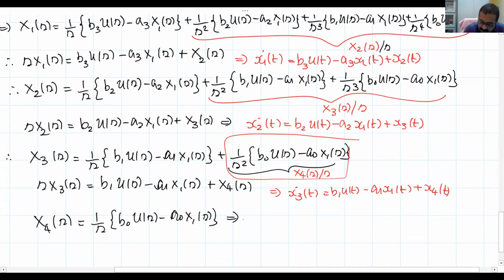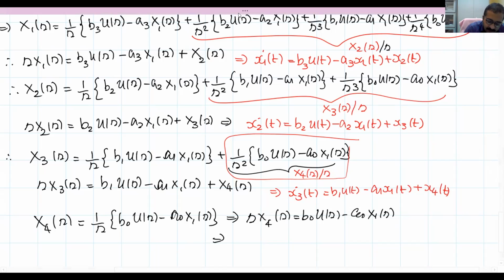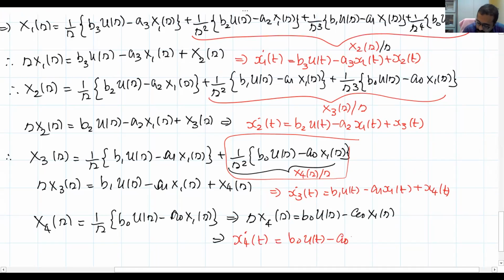So that means s x4 of s equals b naught u of s minus a naught x1 of s, which implies in time domain x4 dot t equal to b naught u of t minus a naught x1 of t.